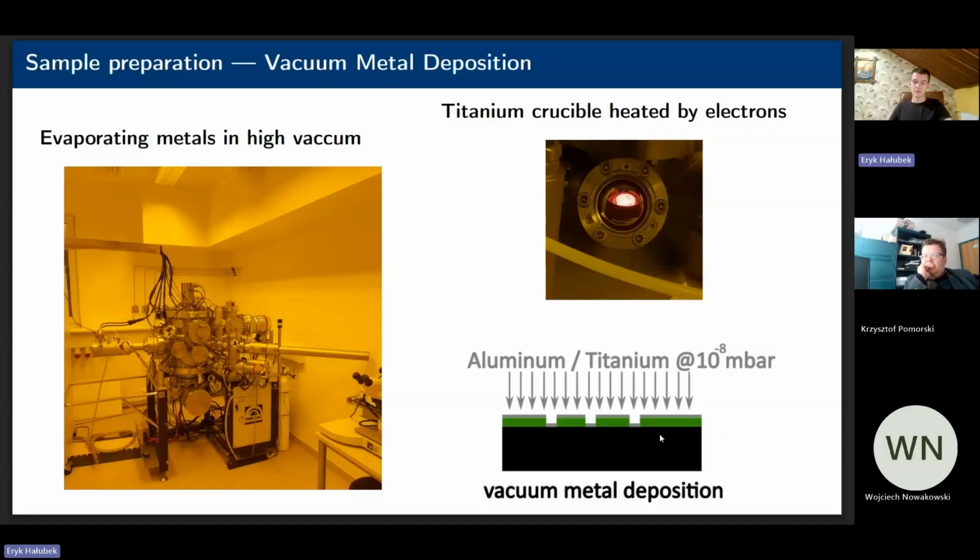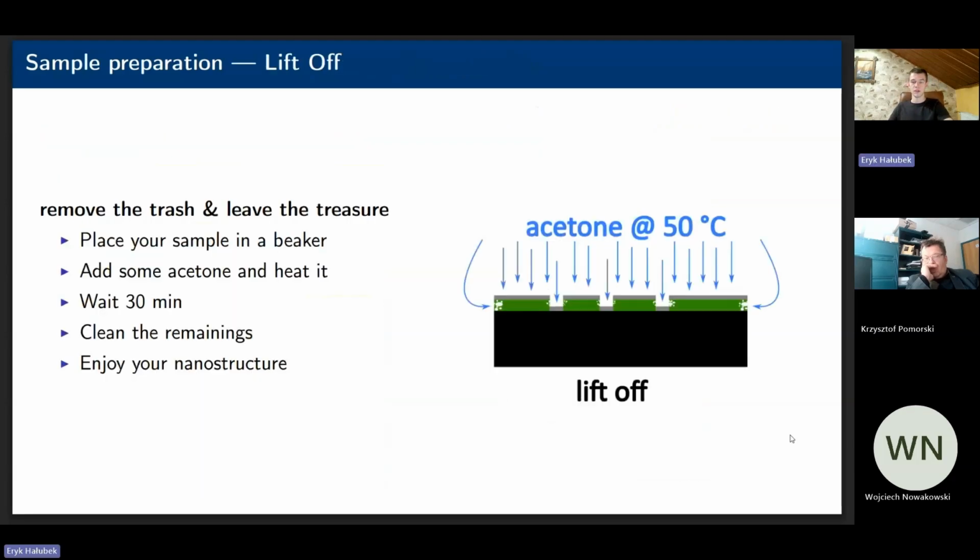But here we don't really need it, and HF is also pretty toxic. So when the metal is deposited, you can do the lift-off.